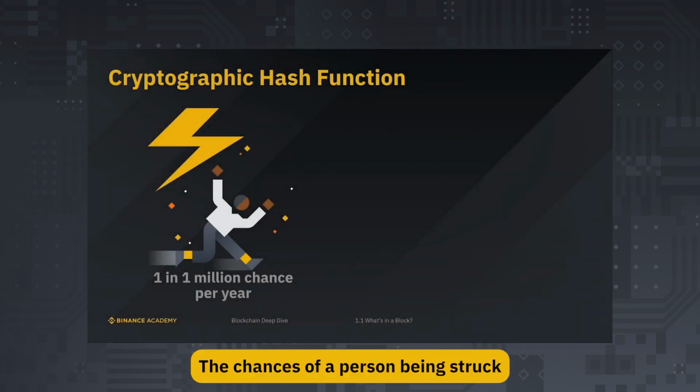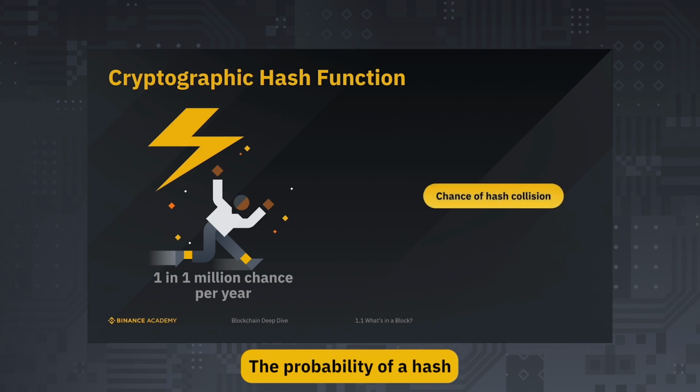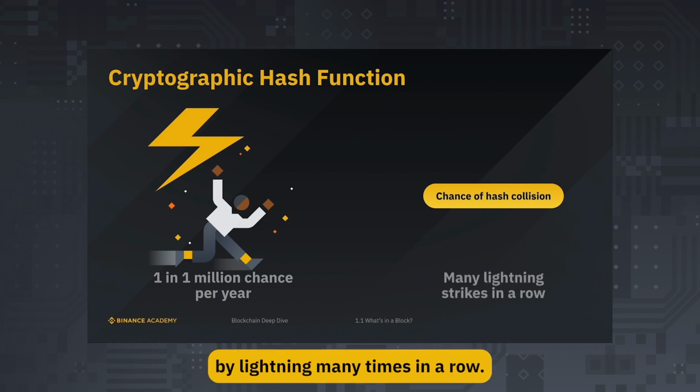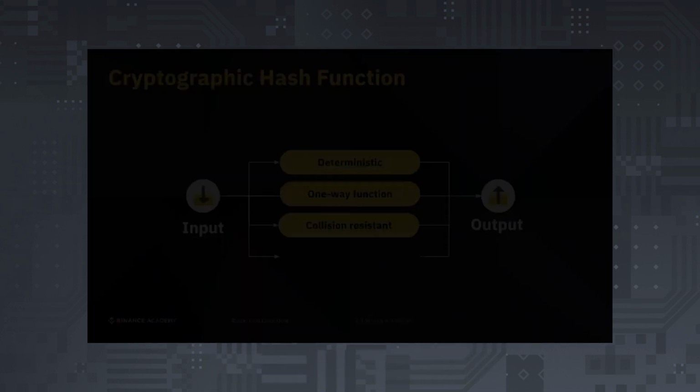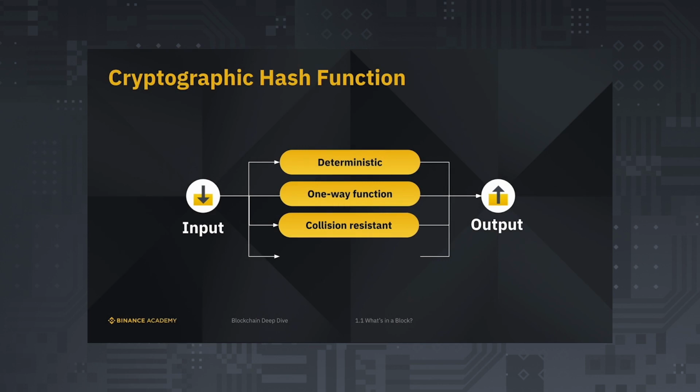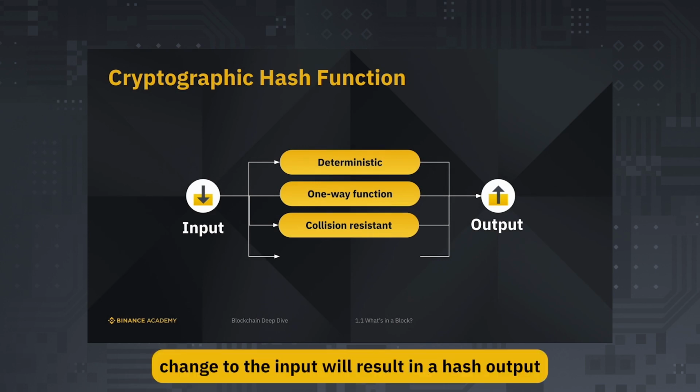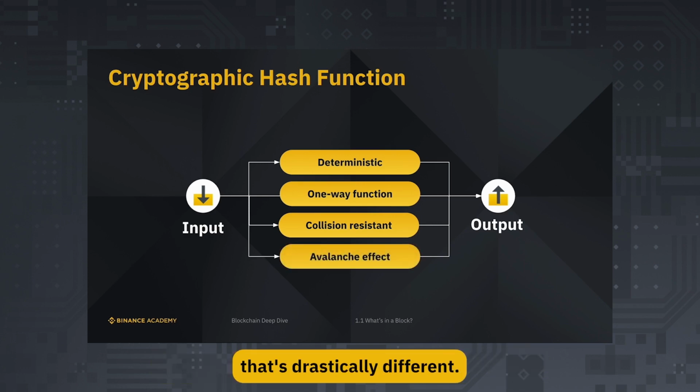The chances of a person being struck by lightning in a given year are roughly 1 in 1 million. The probability of a hash collision on Bitcoin is vastly lower than you being struck by lightning many times in a row. Lastly, even the smallest change to the input will result in a hash output that's drastically different. This is called the avalanche effect.